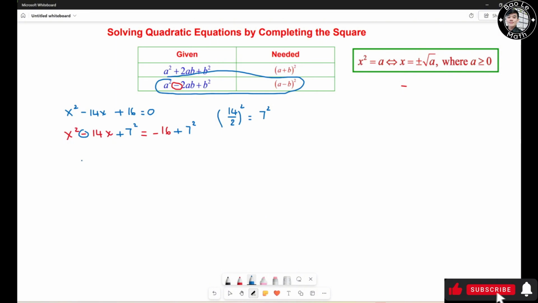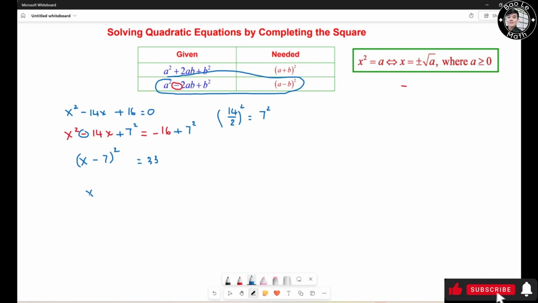Alright, so it turns out to be (s minus 7) squared equals negative 16 plus 7 squared, which is 49. Right? So it turns out to be 33. Now, I need to take the square root of both sides using the formula right here.